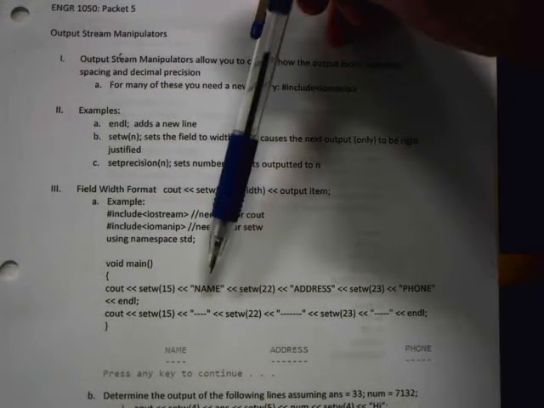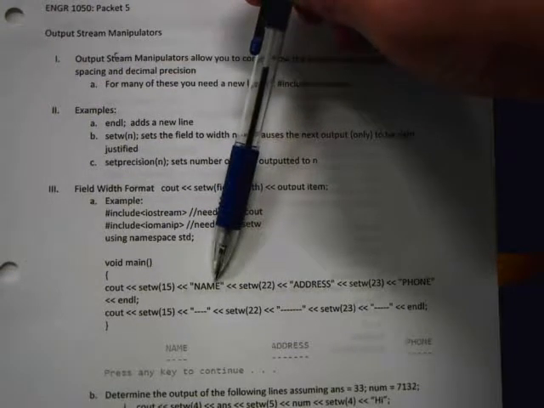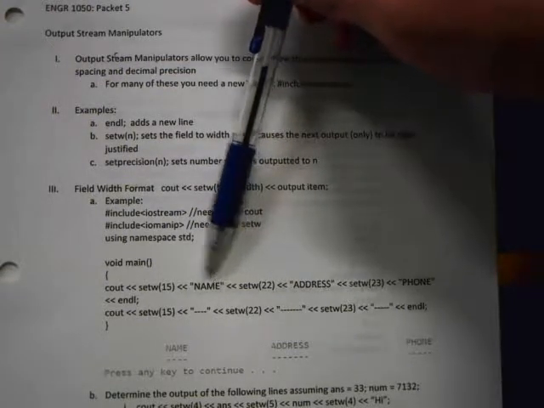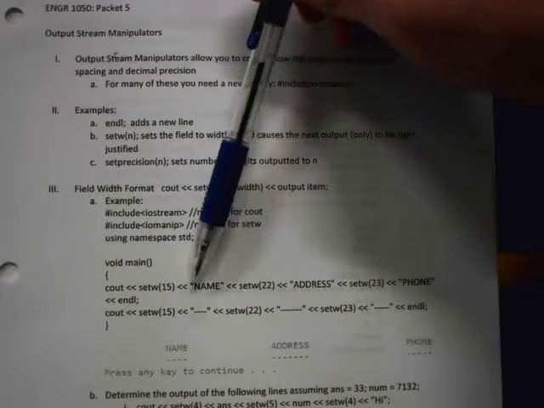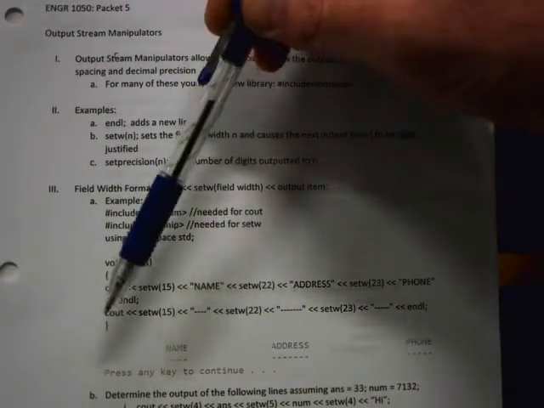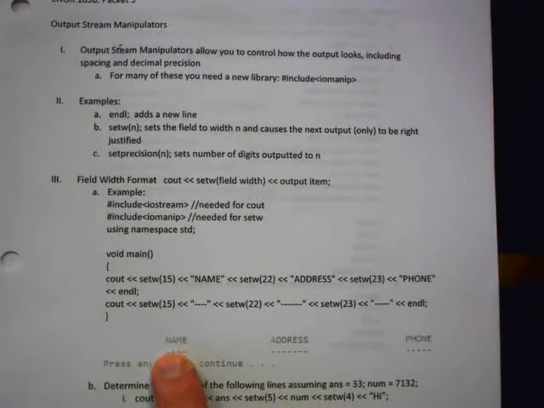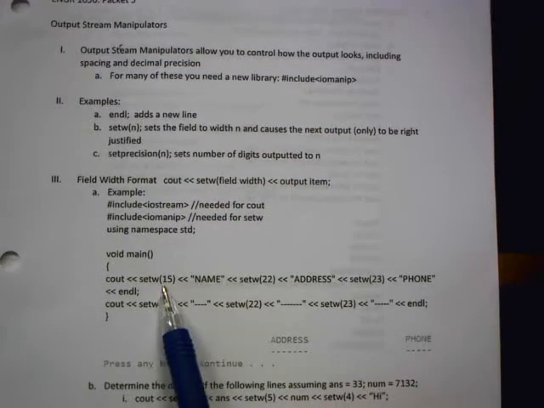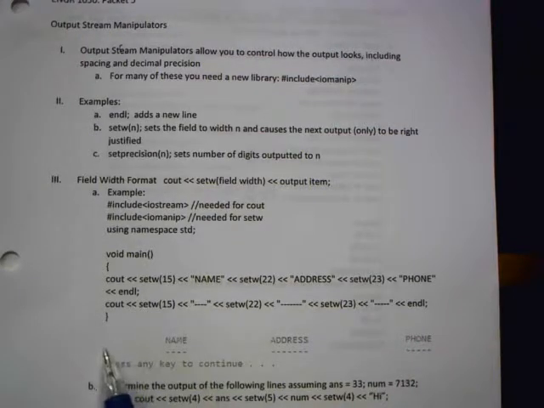So the letter E will be in space number 15. The letter M will be in space number 14, 13, 12, which means there's going to be 11 blanks. And so you can see that down here, the way it prints. So the 15 says, save 15 spaces for me, but then put this on the right. So name will be pushed to the right. There will be 11 blanks.